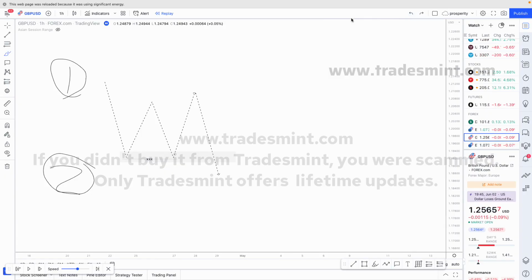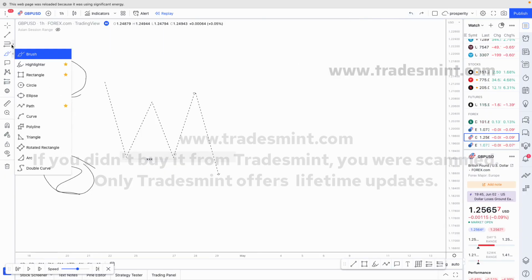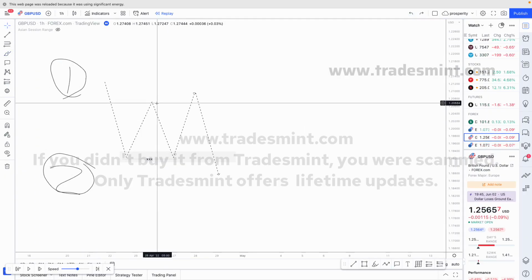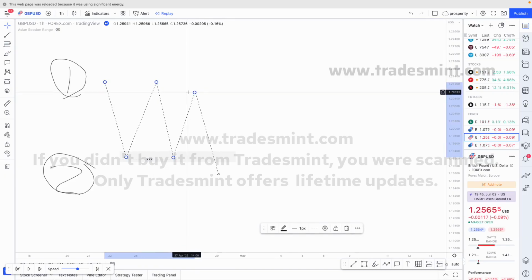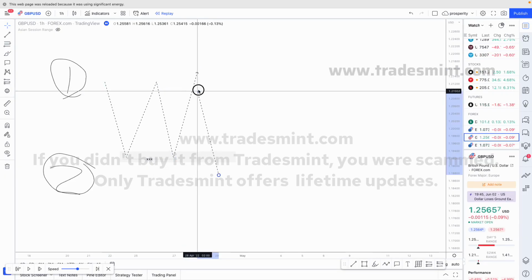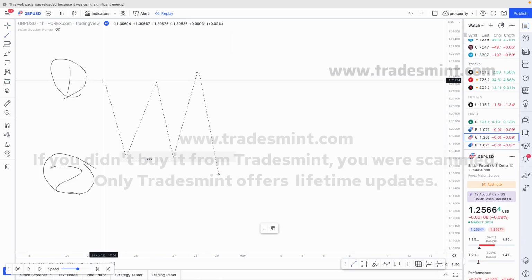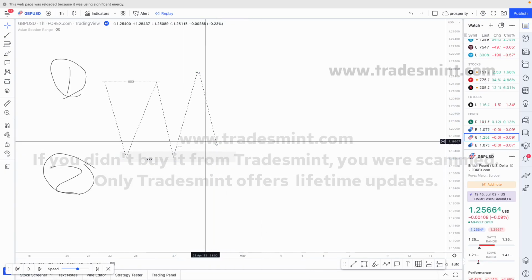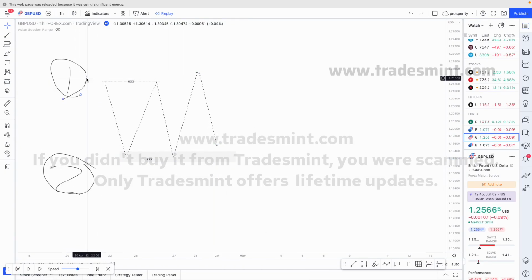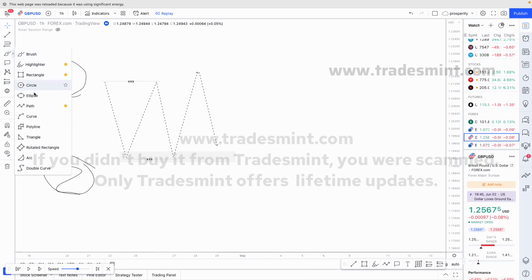So number three is essentially the exact same thing, but instead of double bottom, we're going to be referring to this as a double top. It's the double top liquidity, which is the exact same essentially as the double bottom, just in reverse.